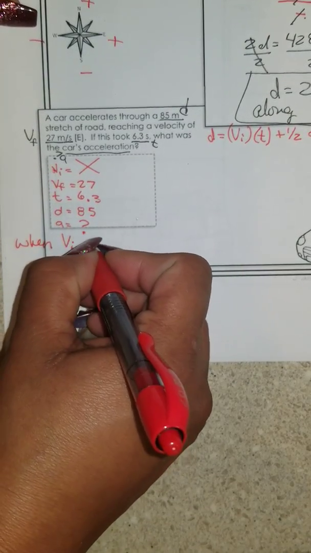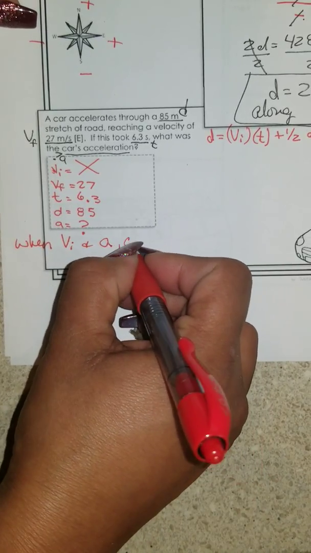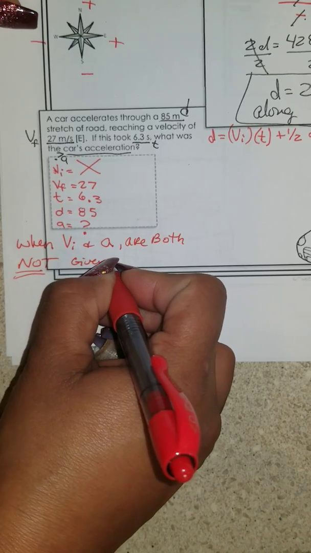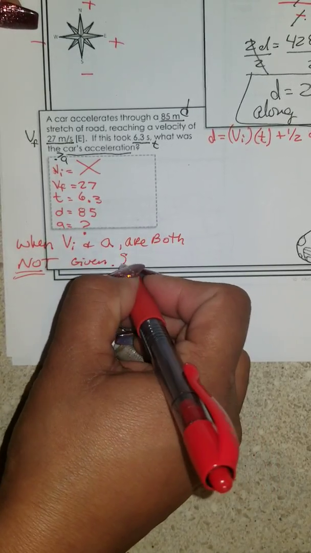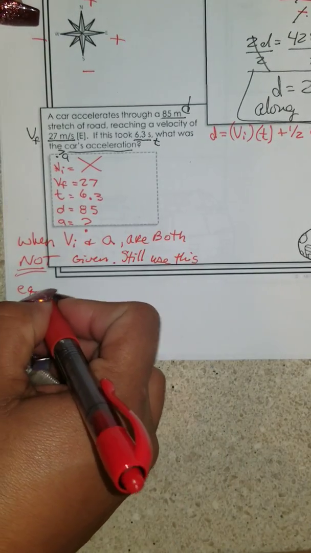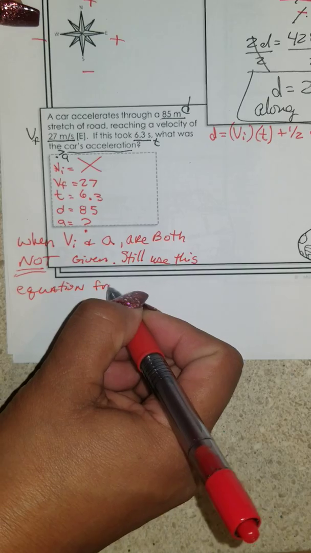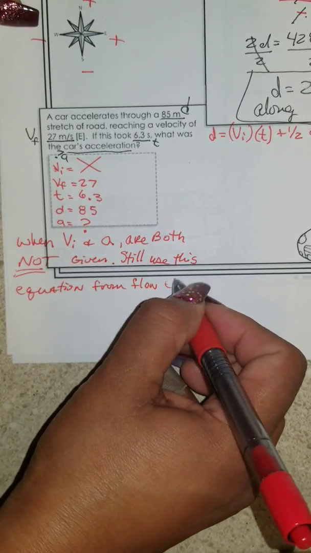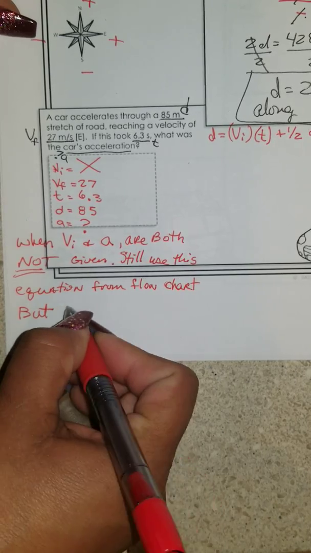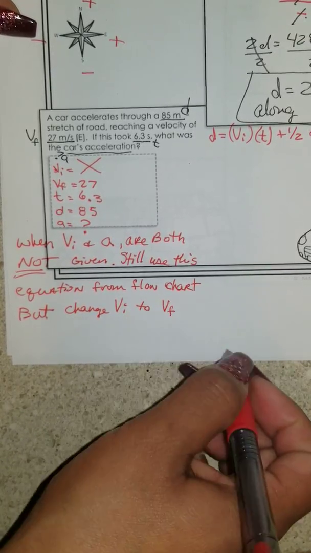When VI and A are both not given, you can still use this equation, because again, that's the one that our flow chart sent us to, but change the VI to a VF, because we do have the VF.